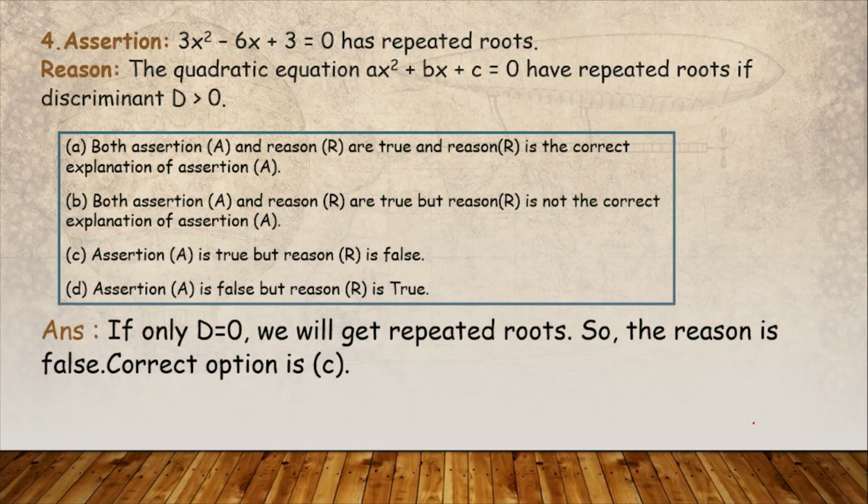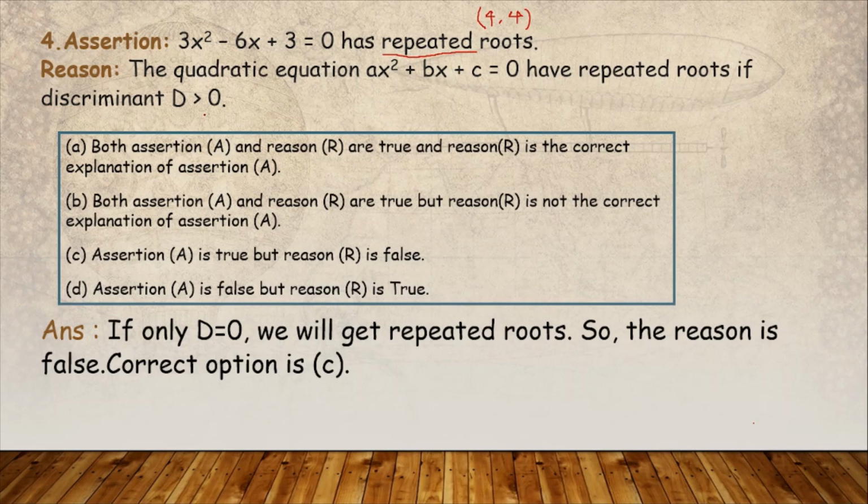Question 4. Assertion: 3x square minus 6x plus 3 equal to 0 has repeated roots. I'll tell you what a repeated root is. Repeated root means the same zeros. For example, in the equation you are getting 4, 4. This is called repeated roots. Reason: the quadratic equation ax square plus bx plus c equal to 0 has repeated roots if the discriminant is greater than 0.